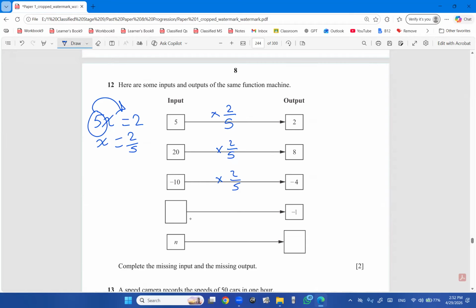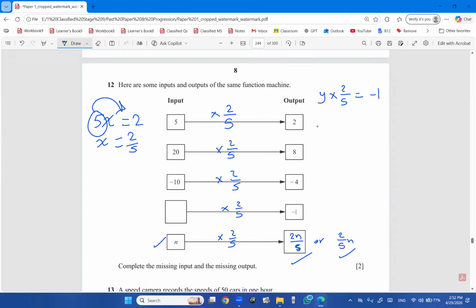So here, I need to find this. So the nth term, let's continue with the last one. Multiplying it by 2 over 5 is going to give you 2n over 5, or you can write 2 over 5n. Both are correct. What about this one, mister? The negative 1. What did I multiply the 2 over 5 by so that it gives me negative 1, as if you're saying to me, what times 2 over 5 gives me negative 1?